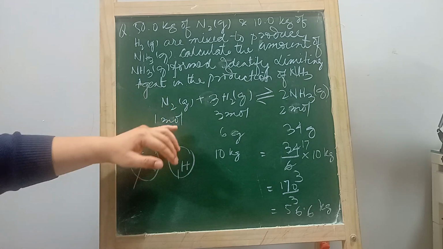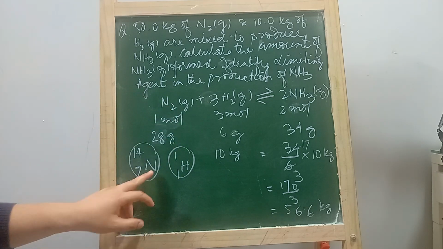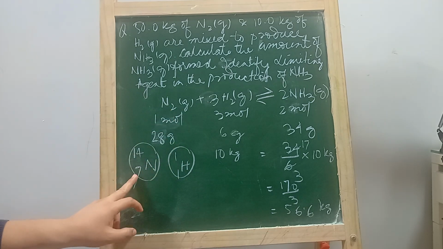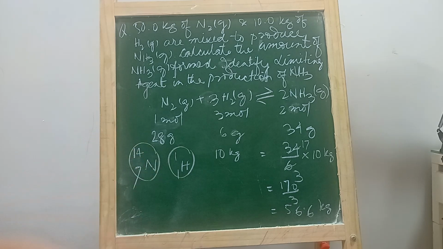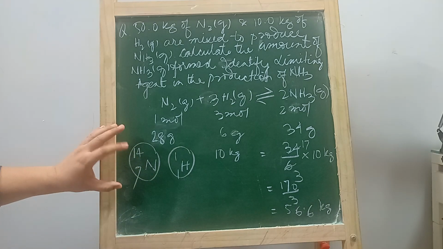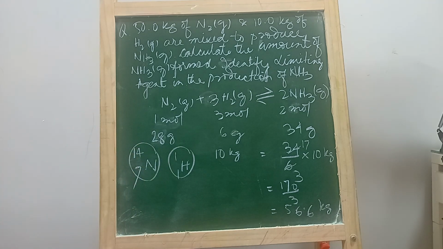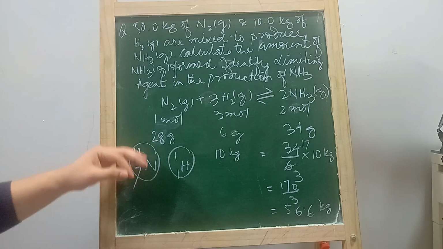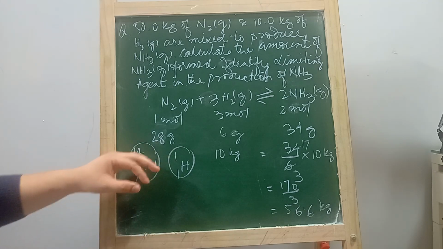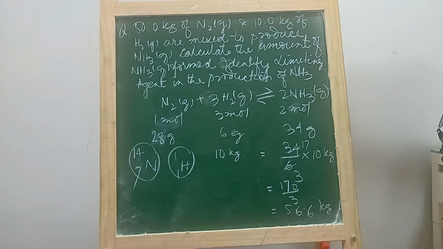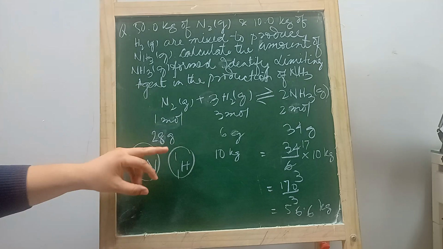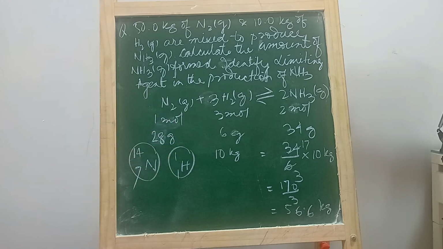So 1 mole of nitrogen, how much will it weigh? Nitrogen has atomic number 7, so its atomic mass is double of it. It's not a rule, but generally the atomic mass is double the atomic number in most cases, or approximately that. So nitrogen atomic mass is 14 U, and there are two nitrogen atoms, so 28 U. So molar mass will be 28 gram.